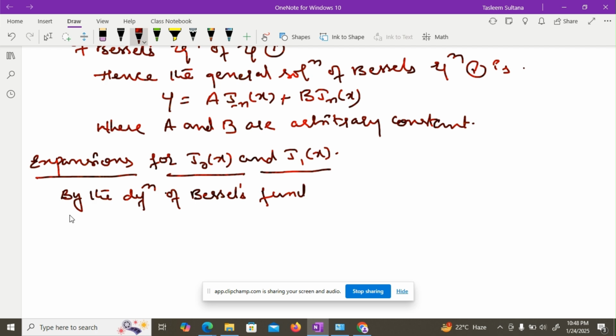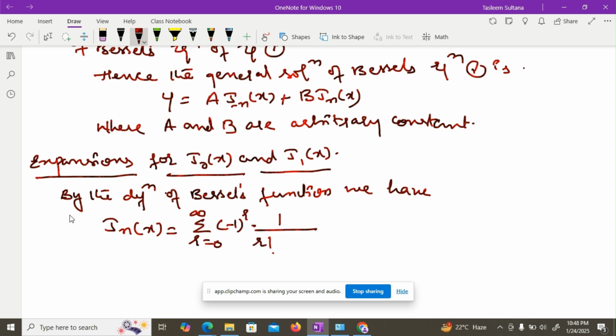So by the definition of Bessel function, we are using here the first kind of first order.